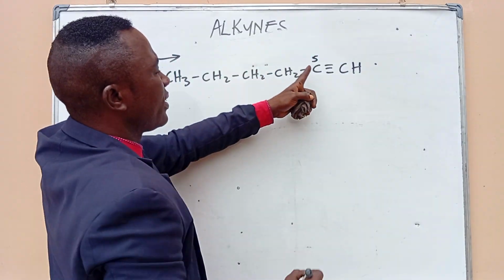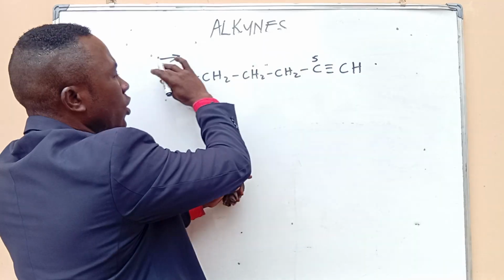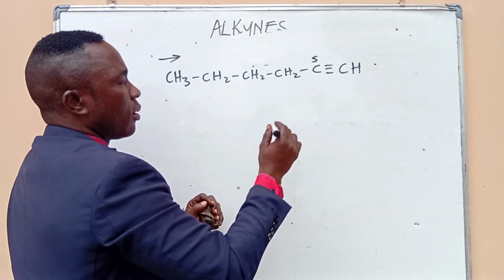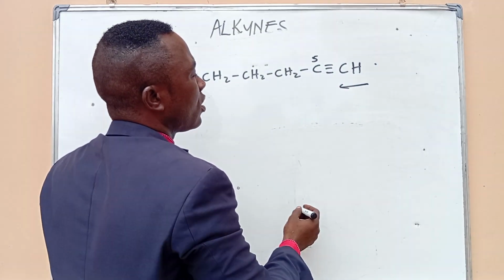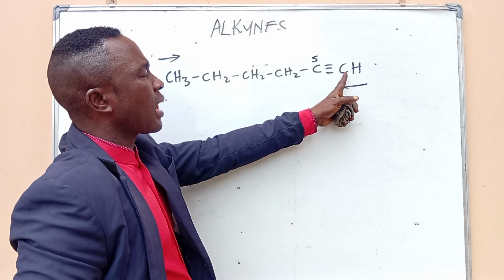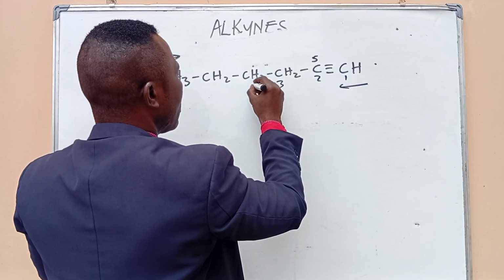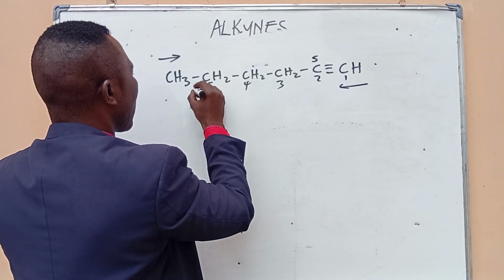That means the triple bond will be at the 5th carbon. But if you number the other way, your triple bond will be at the first carbon, which will be number 1, and then 2, 3, 4, 5, and 6.